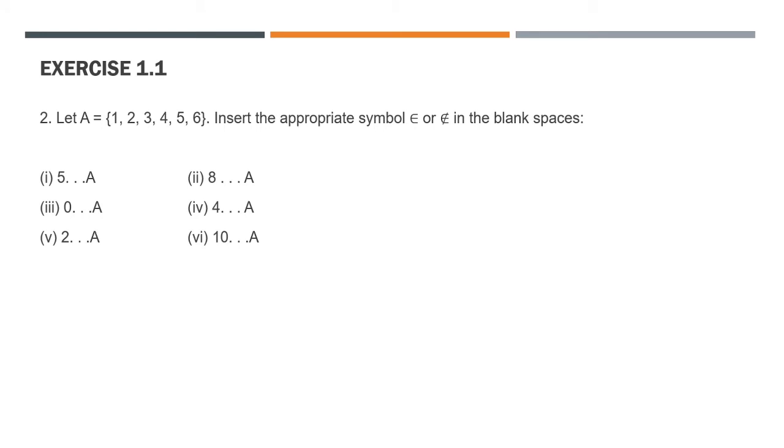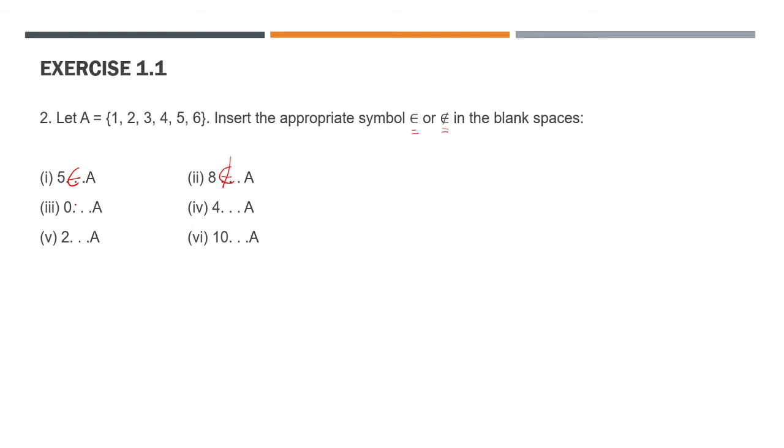Next question, let A is equal to 1, 2, 3, 4, 5, 6. Insert the appropriate symbol belongs to or does not belong to in the blank space. The first one is 5. Do we have 5 in our set A? Yes, it is. So, 5 belongs to A. Second one is 8. Here, do we have 8 in our set A? 8 does not belong to A. Third one is 0.